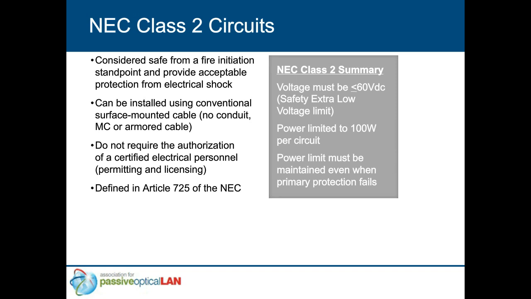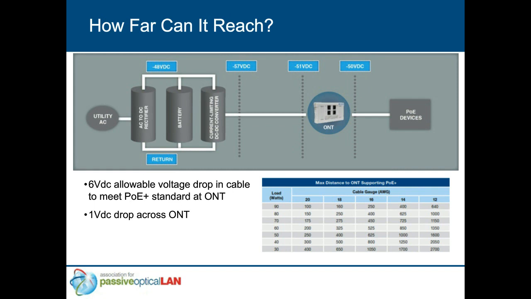A common question we get asked is, how far can you go with remote line power? You're powering over copper cables, so how far can I reach? The way we do this is we start at the end device and work backwards. Many ONTs can source PoE power, so we assume a 50-volt minimum coming out of the ONT.